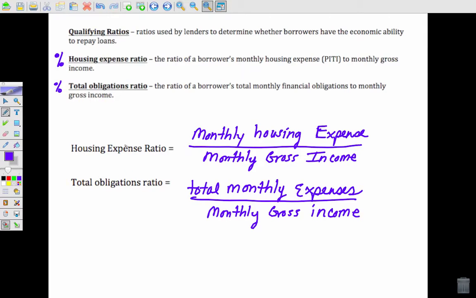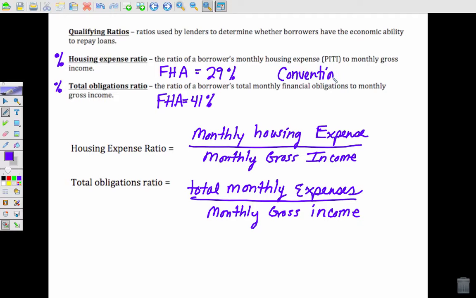Now here are the percents that we are going to be looking at. Let's go to the housing expense ratio. For an FHA loan, the housing expense ratio is 29%. And for the total obligations for FHA, the percent is 41%. So if you fall within those, you can take an FHA loan.